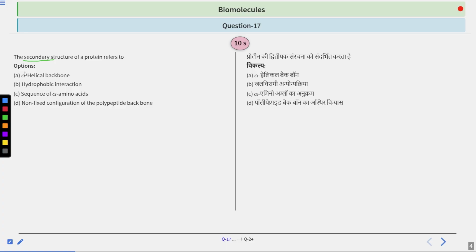The options are: alpha helical backbone, hydrophobic interaction, sequence of alpha amino acids, or non-fixed configuration of polypeptide backbone. You have 10 seconds to think about this question. After that, we will see the correct answer.